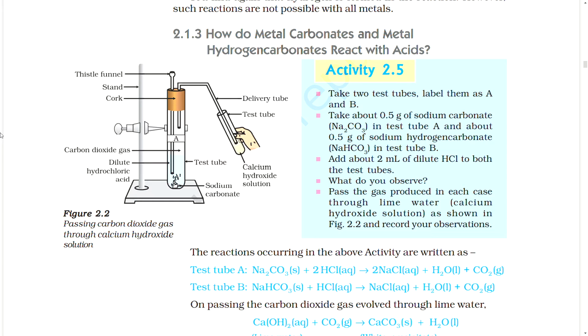How do metal carbonates and metal hydrogen carbonates react with acids? Activity. Take two test tubes, label them as A and B. Take about 0.5 gram of sodium carbonate, Na2CO3, in test tube A and about 0.5 gram of sodium hydrogen carbonate, NaHCO3, in test tube B. Add about 2 ml of dilute HCl to both the test tubes.